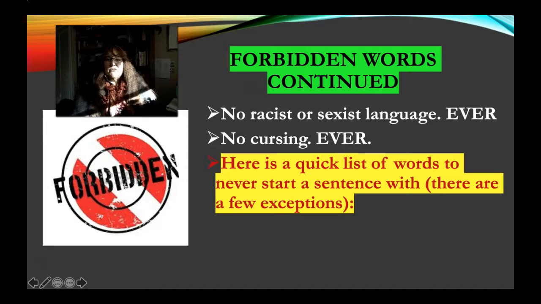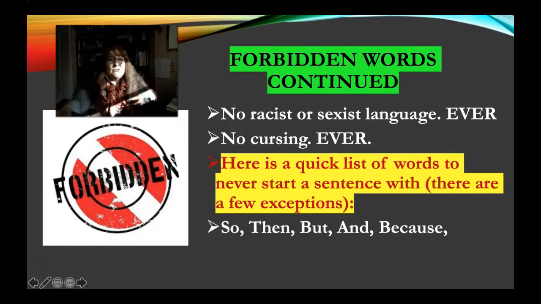And here's a quick list of words to never, ever start a sentence with. There are very few exceptions, and because you're sophomores, I would prefer if you would just avoid these completely because they're very dangerous. Don't start a sentence with the word so, or then, or and then. Don't start a sentence with but. Don't start a sentence with and.